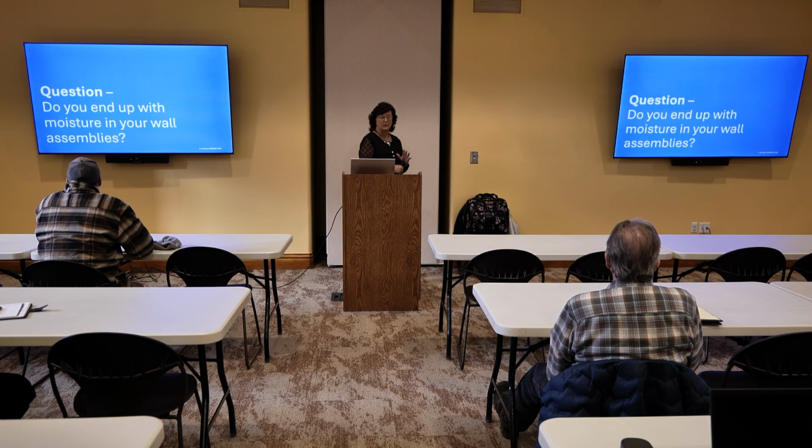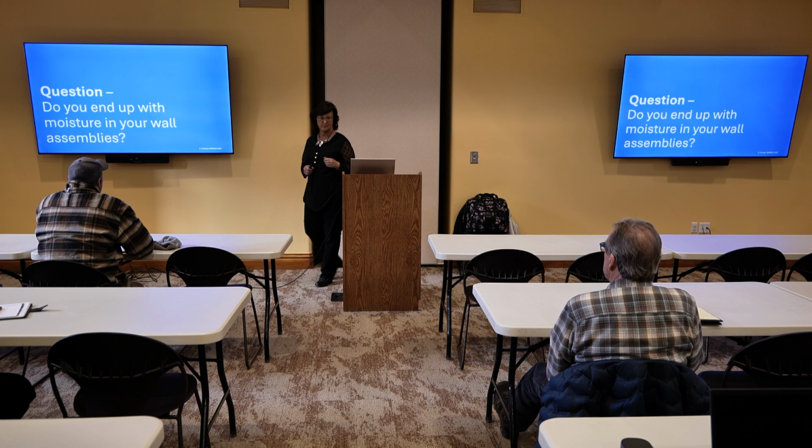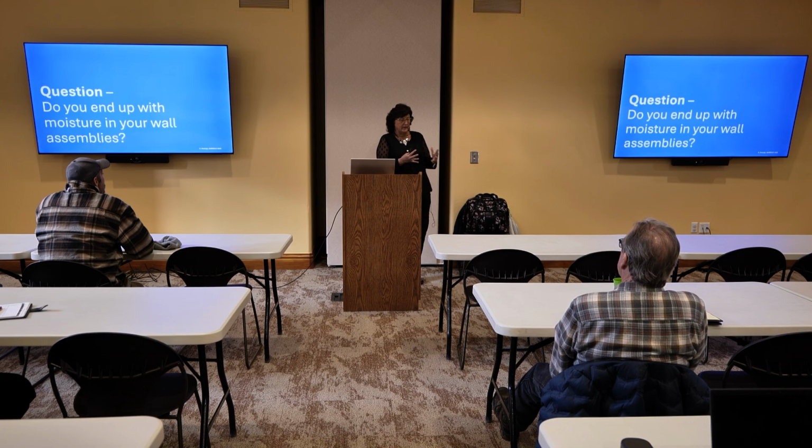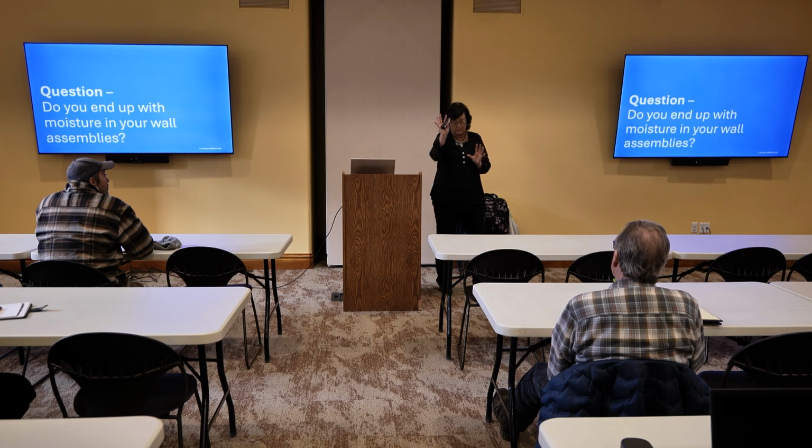Do you end up with moisture in your wall assemblies? Just made sure, Jess Hoover said, please cover moisture because we have an issue with it. So, how do we keep the moisture out of the walls? We have to evaluate it. Yes, like I said, the IRC will send you to this vapor retarder, that vapor retarder in Chapter 8.